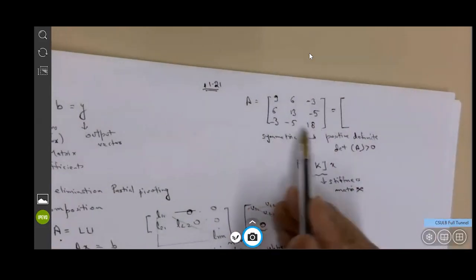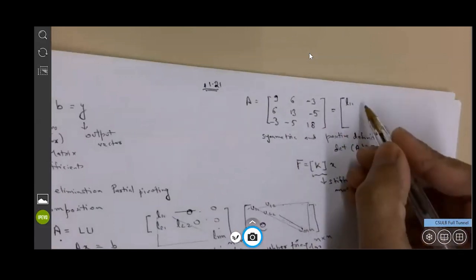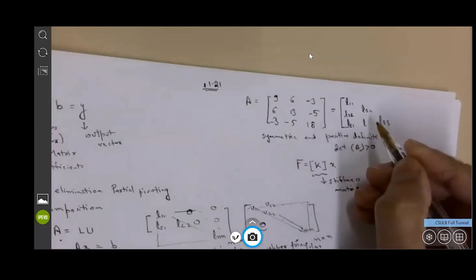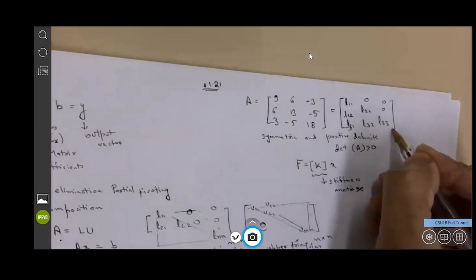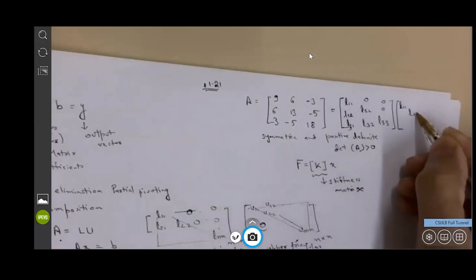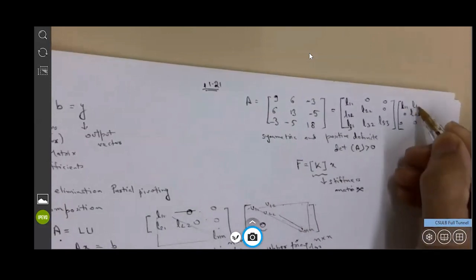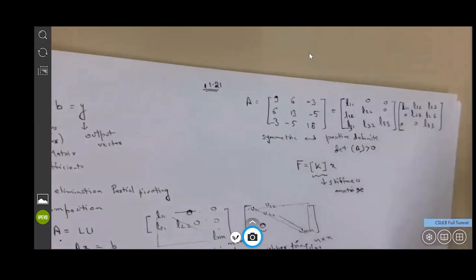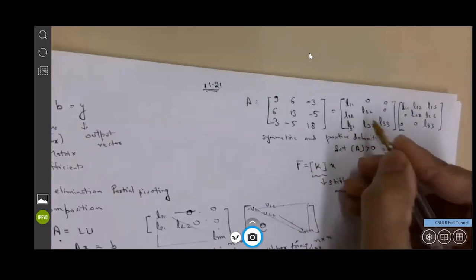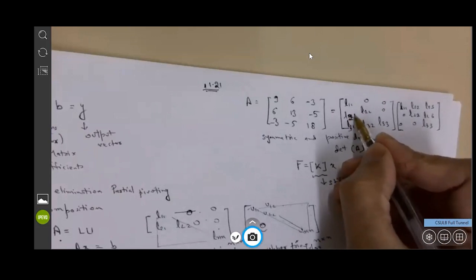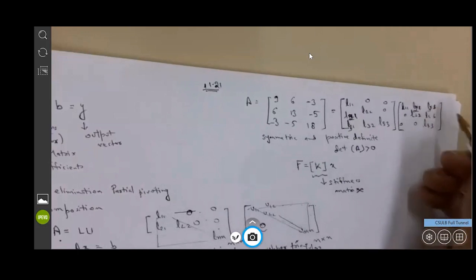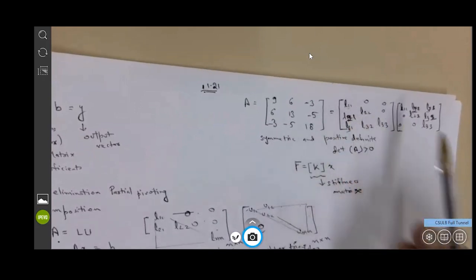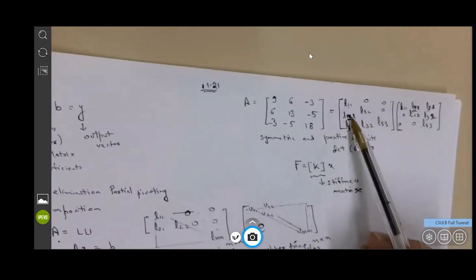If you know in your code that this is symmetric and positive definite, then I just need L11, zero, zero, L21, L22, zero, L31, L32, L33. I was basically trying to make the notation consistent.